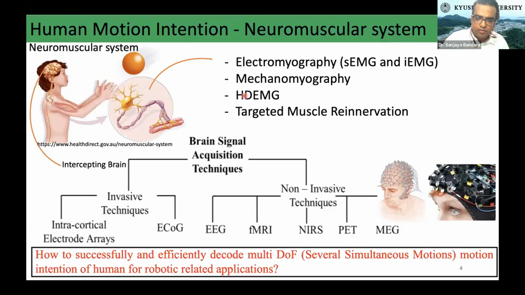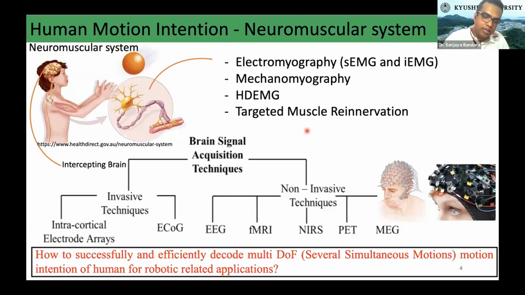There are different kinds of muscle signal measuring techniques: electromyography (EMG), high-density electromyography (HD-EMG), and targeted muscle reinnervation. This is also a kind of EMG technique, but one which involves a surgical procedure. So I will be introducing all these four things today.